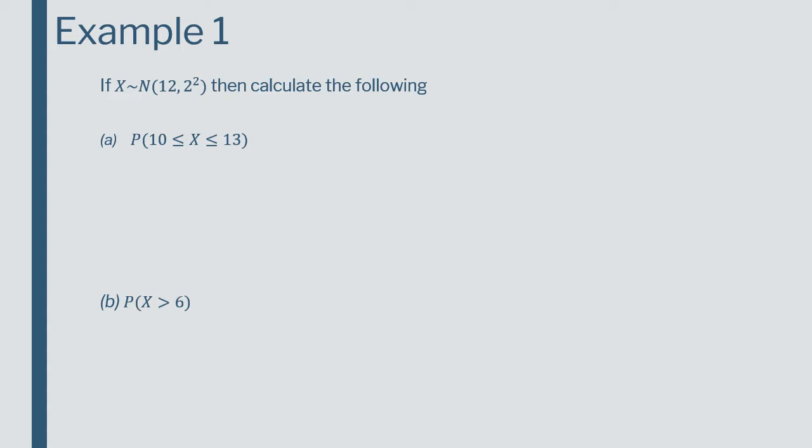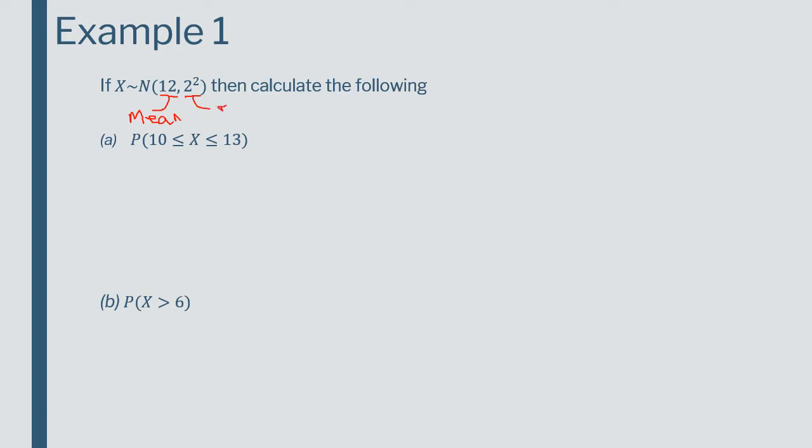Okay, so going through it again, we've got x, so there's no context to this question, we've just got x distributed normally. Now the 12, remember, is the mean. Now the 2 squared, the reason we write it like that is the standard deviation is 2.